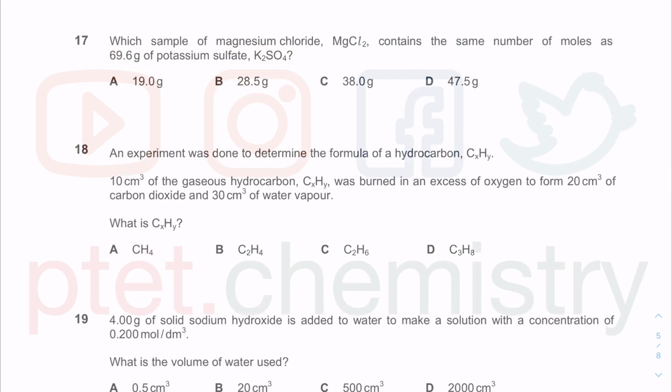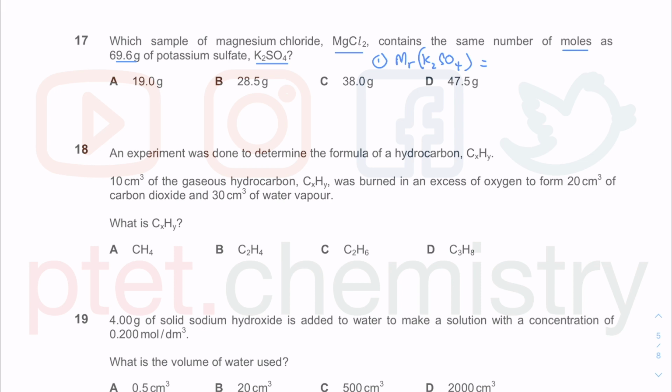17, so what do we have here? They say potassium sulfate, they talk about moles, they're giving us the masses, and they talk about magnesium chloride as well. So one of the first things I need to do is work out the MR. Do not just write MR without labeling your working, otherwise you'll just be repeating whatever you're doing. So K2SO4, because it's K+ and SO4 2-.